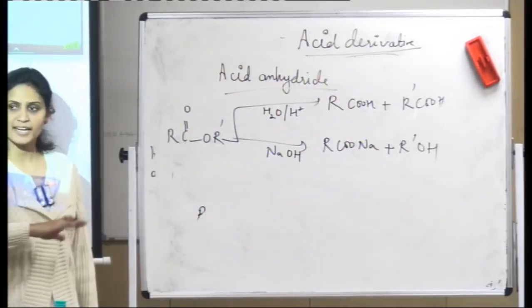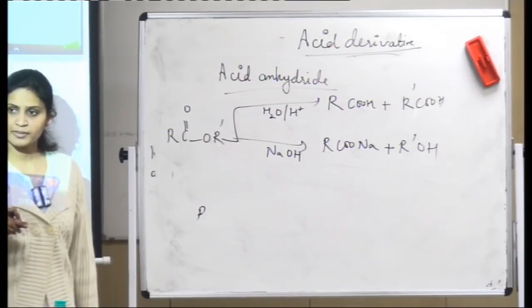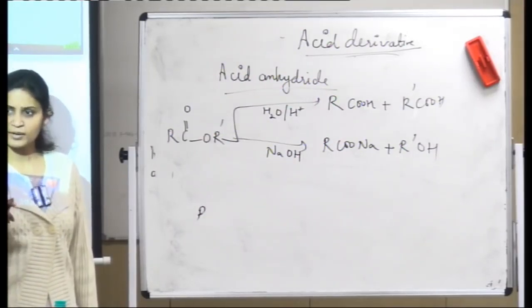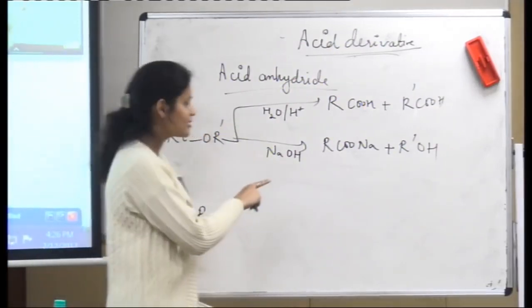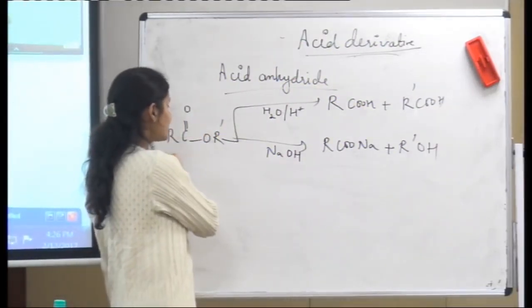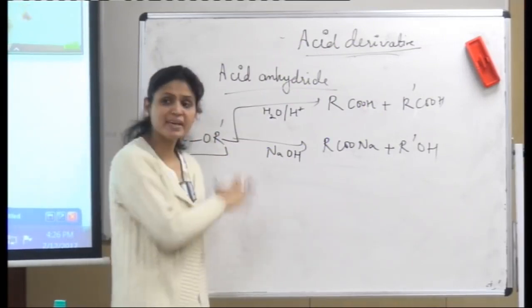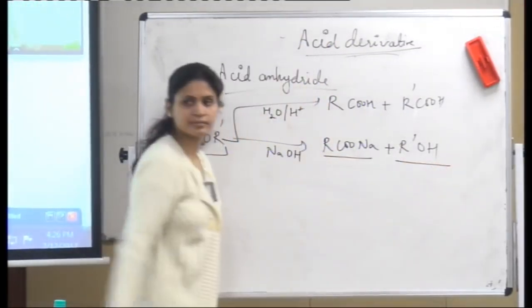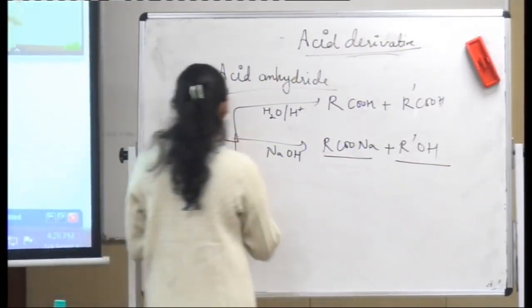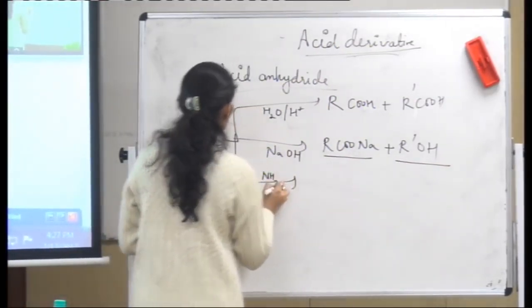You take acid and you take alcohol in presence of weak acid, right? And you form ester. And in this case, we are taking acid anhydride and using base to again form acid and alcohol, right? What about reaction with ammonia?